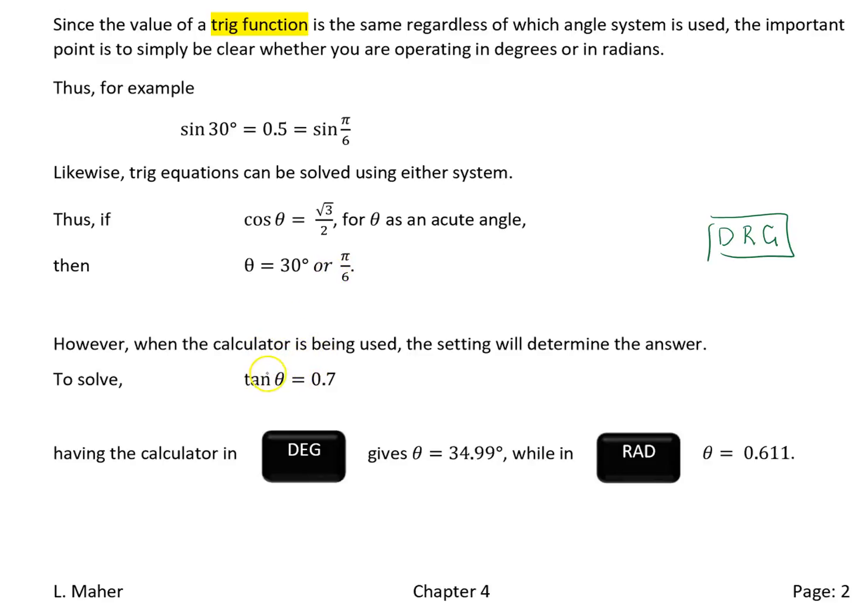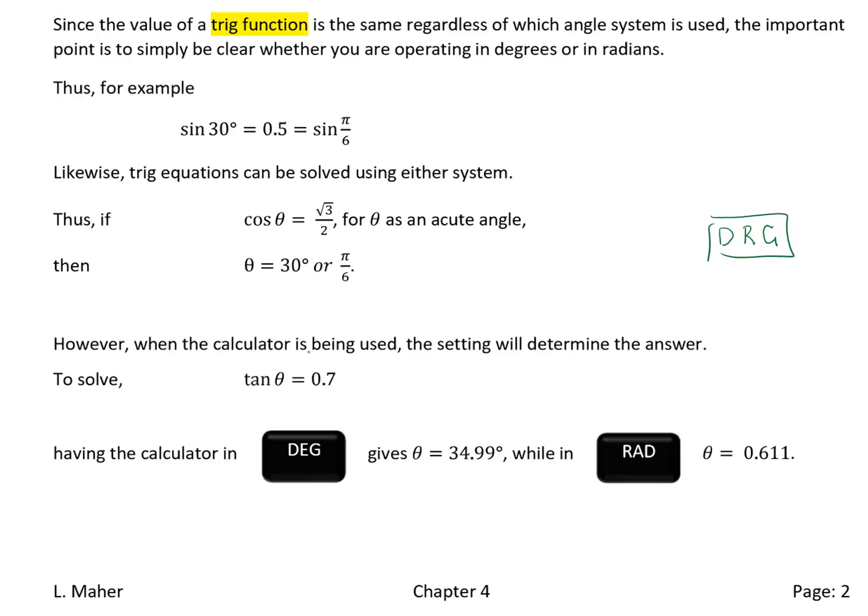For this one here, for example, if the tan of theta is 0.7 and you are instructed to solve that, you're finding theta, so you'll be taking the tan inverse of 0.7. Yes, you certainly just go tan inverse 0.7.